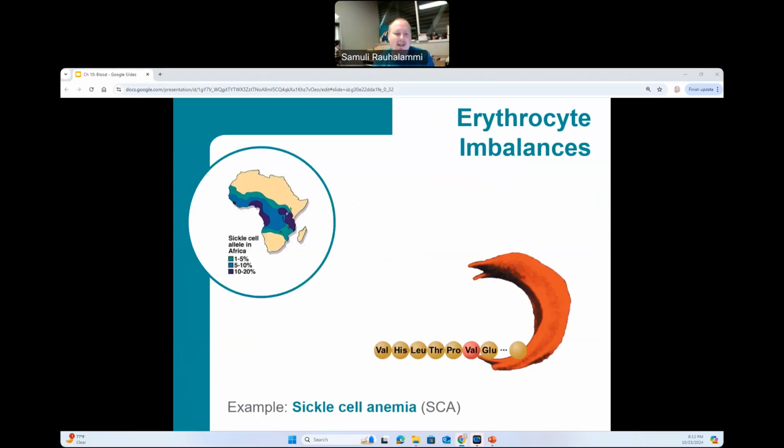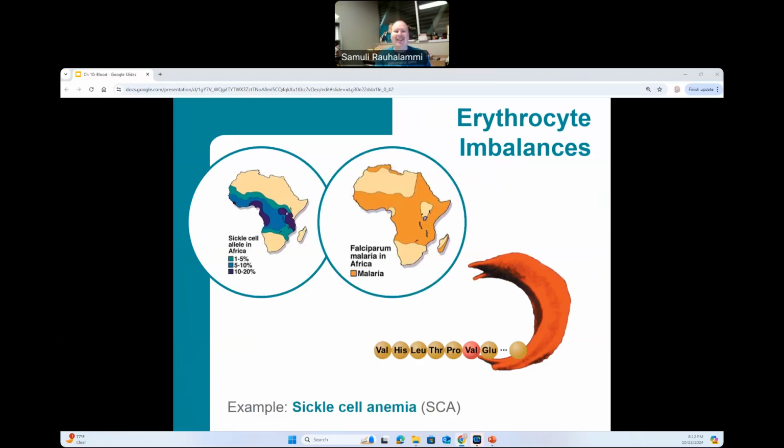We end up seeing that sickle cell anemia is particularly common in sub-Saharan Africa. So the natural question to ask is what else is common there? Well, we end up seeing that the malaria parasite is very common in these same parts. As part of the life cycle of the malaria parasite, this parasite has to enter into the red blood cell where it multiplies and then spreads onwards. The sickled shape of the red blood cells prevents this from happening.